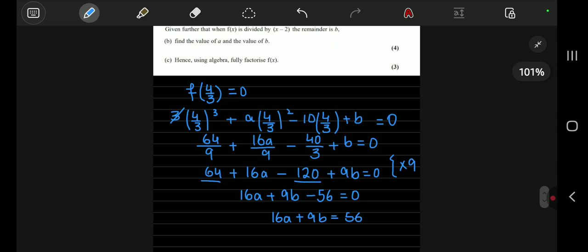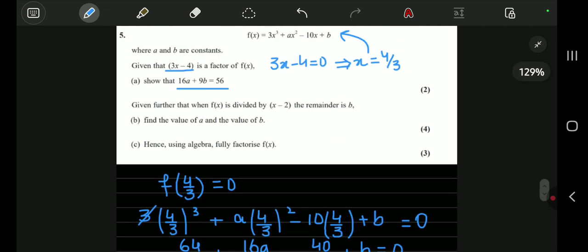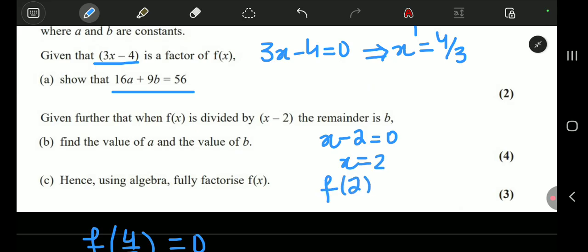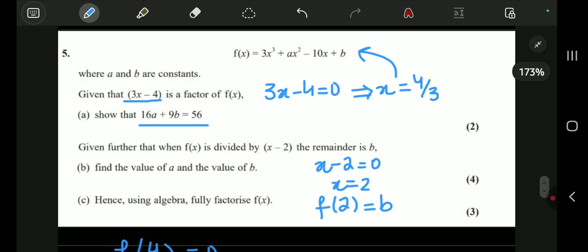Now part B. They say that further, when f of x is divided by x minus 2, the remainder is b. If something is a remainder, then putting x minus 2 equal to 0 gives x equal to 2, and f of 2 should give you b. So let's do f of 2 equals b in the given equation.